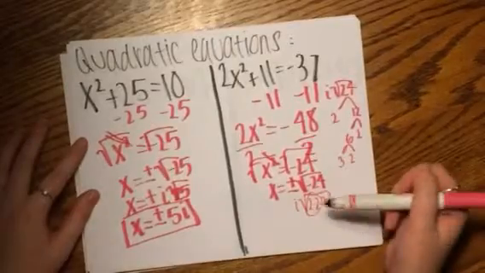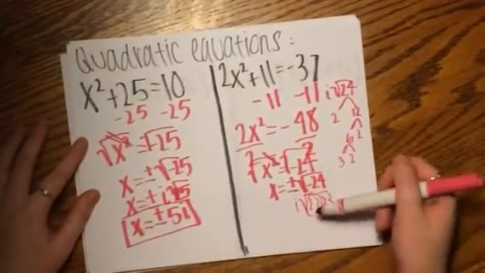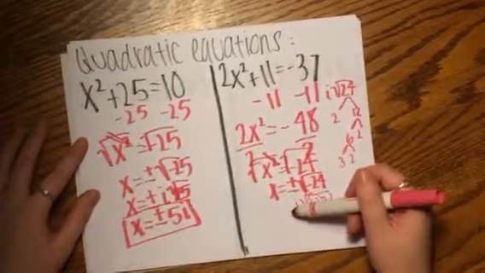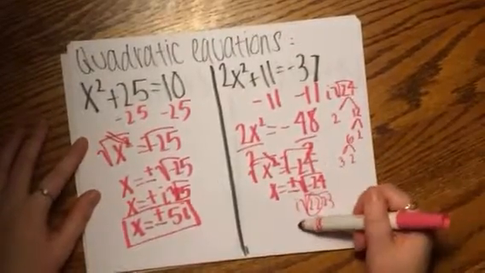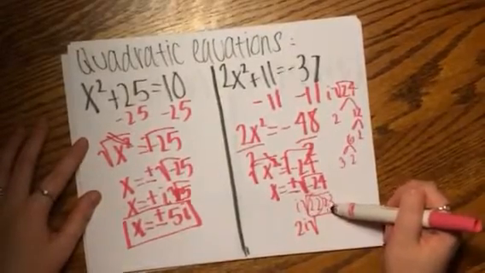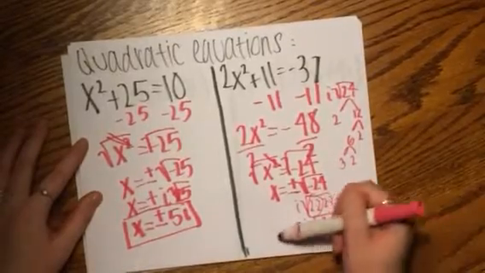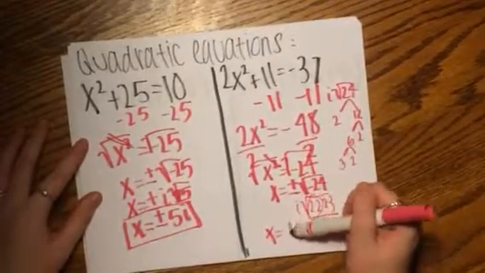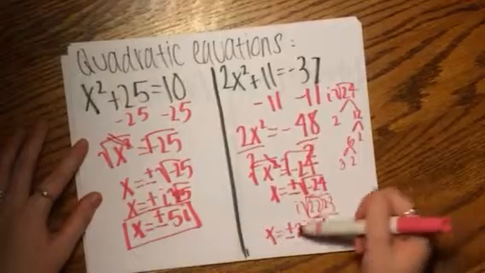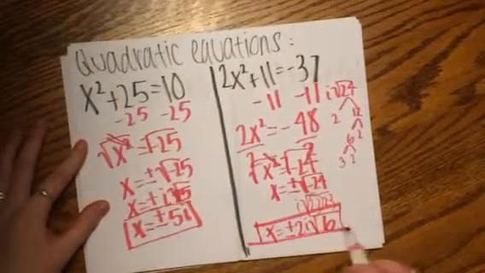We have a pair of 2's, and that pair of 2's goes on the outside of the radical. But we already have an I outside the radical as well, so we just multiply the 2. So we get 2i radical, and then we just multiply that 2 and the 3, which gets us the 6. So x is equal to plus or minus 2i the square root of 6. And that is our answer.